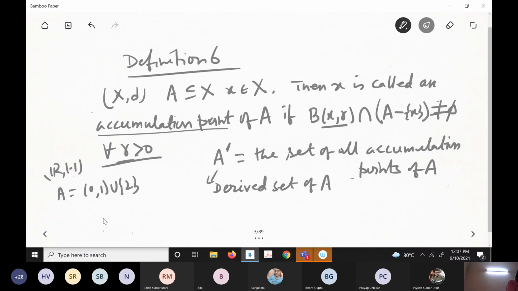A prime is actually [0,1] closed. Every point inside here is also an accumulation point, right? But 2 is not an accumulation point. So A prime is this.